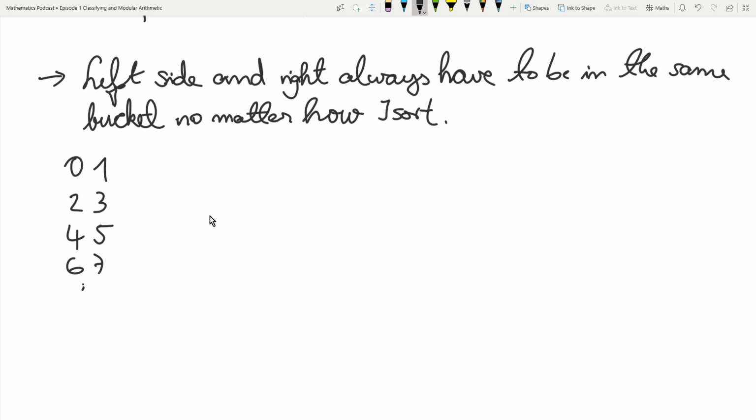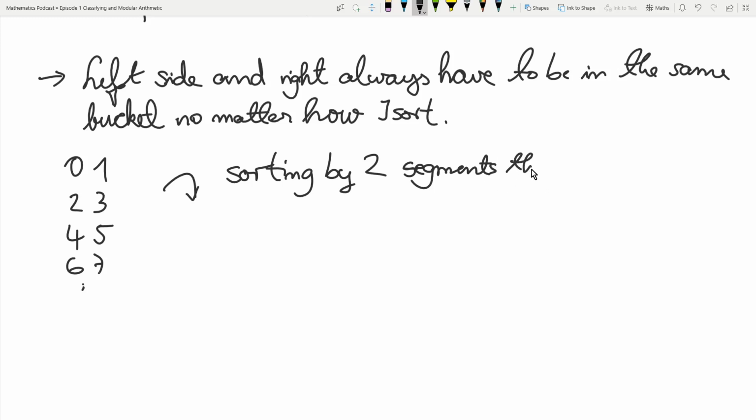This means that sorting by 2, in this sense, basically segments the whole numbers in terms of even and odd.